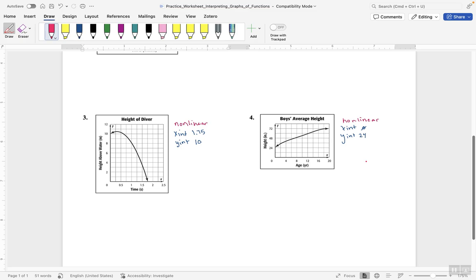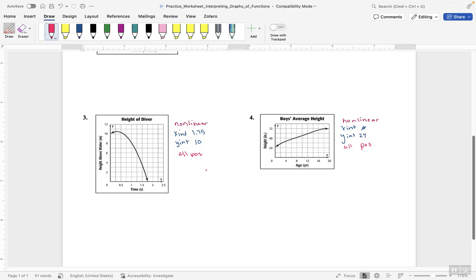Well, it looks like all of these are positive, so I will write that in. If you had a graph that went below, you would identify it by the x value.